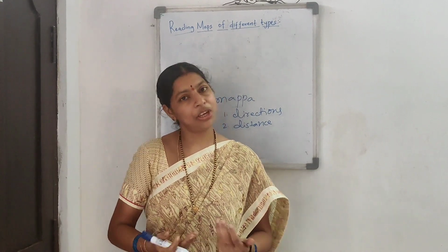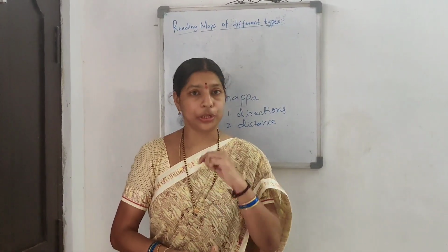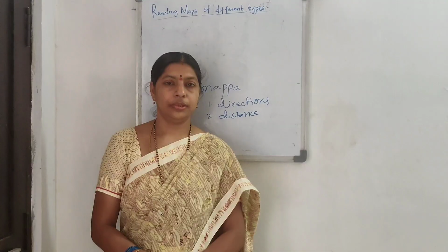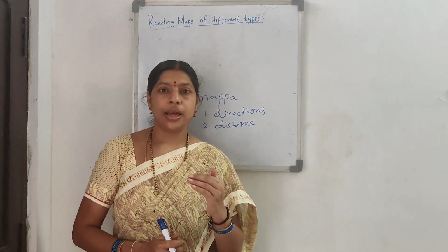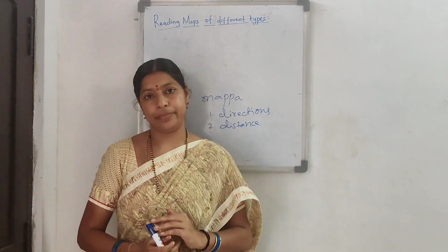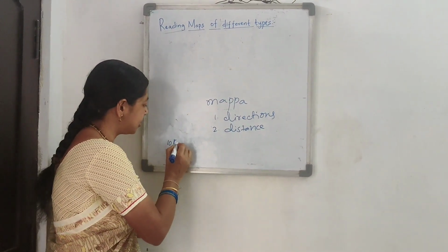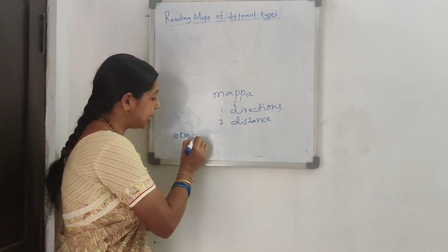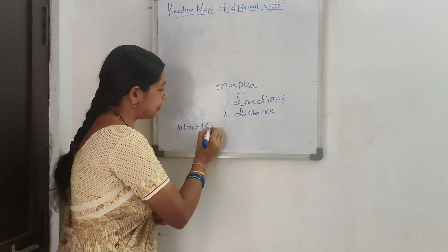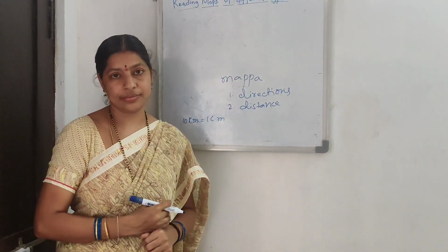We can't. So that's why we use a scale. Scale reduces actual distance on a map. For example, 10 kilometers is equal to 1 centimeter, like that.